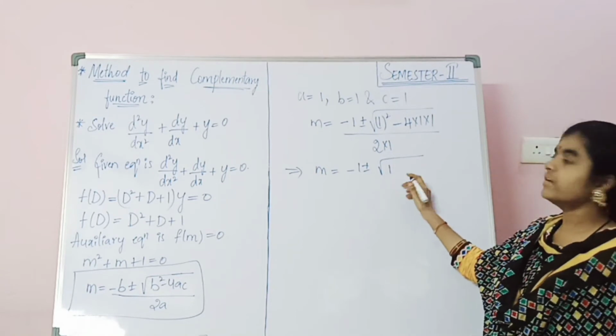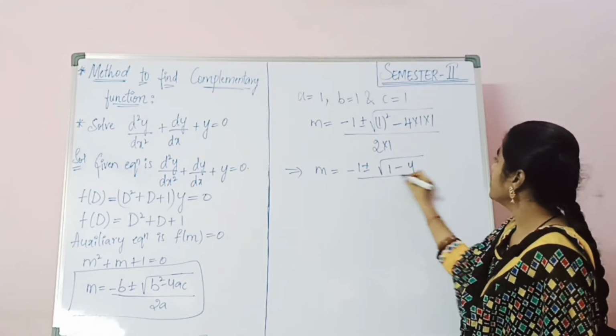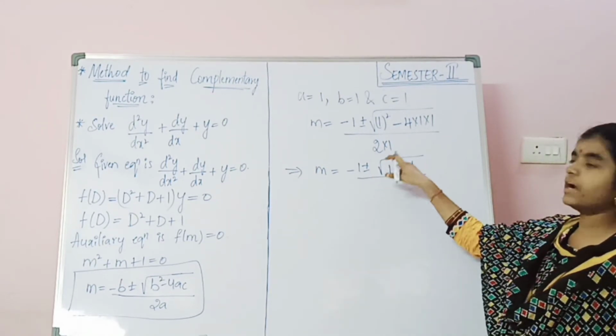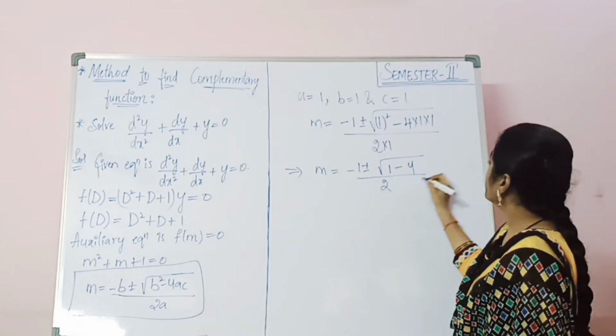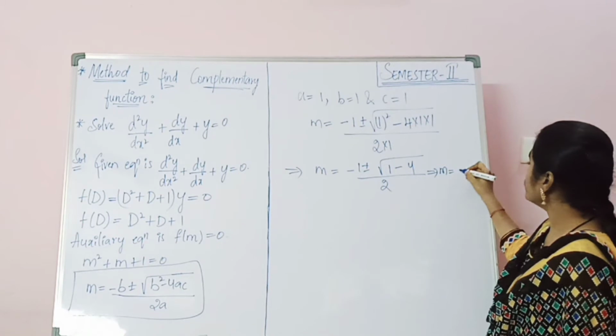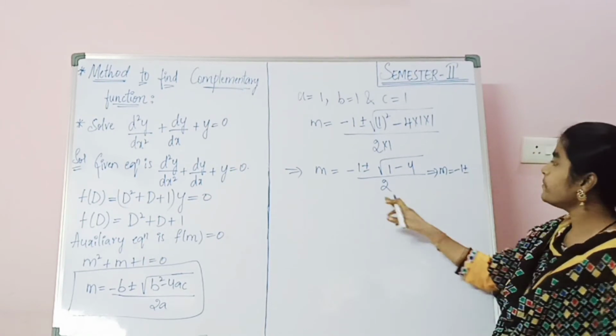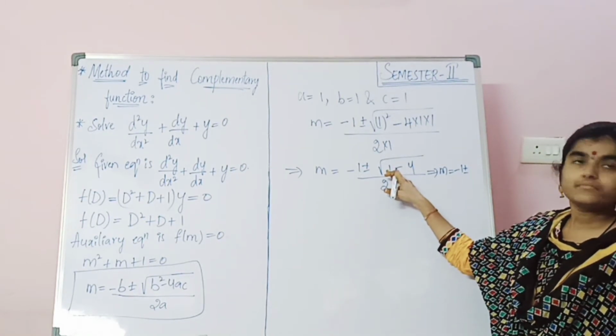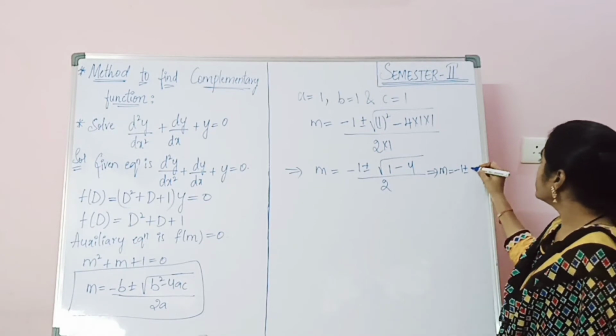So that implies m equals to minus 1 plus or minus square root of 1 minus 4, by 2. 1 minus 4, how much?